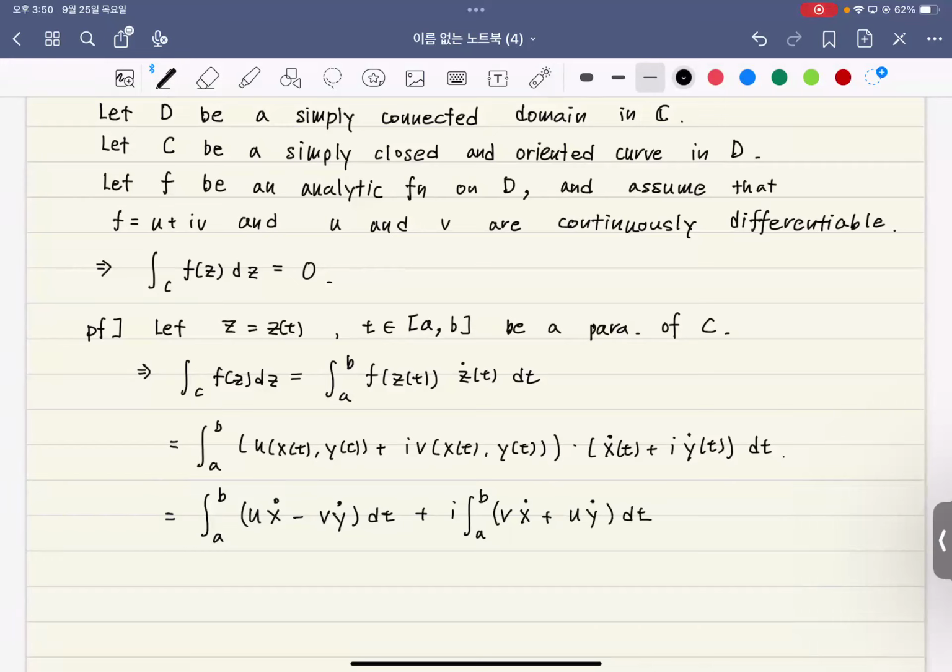I ended up with some very simple expressions like this.